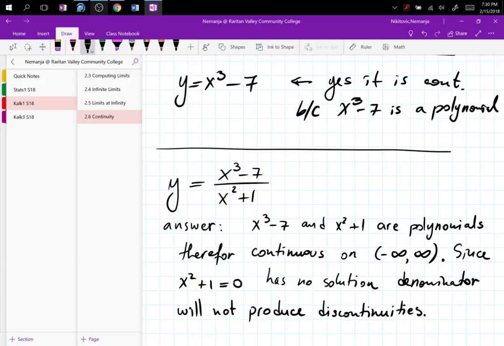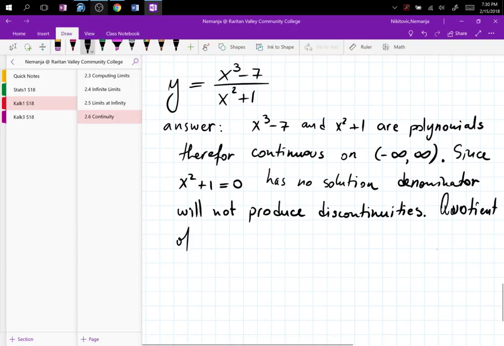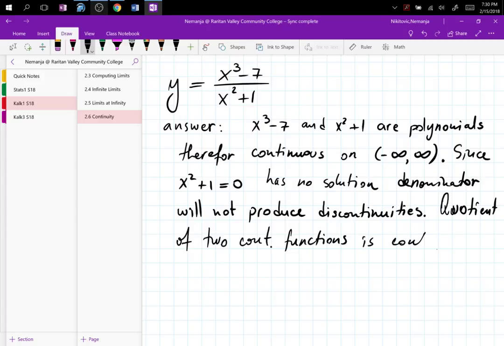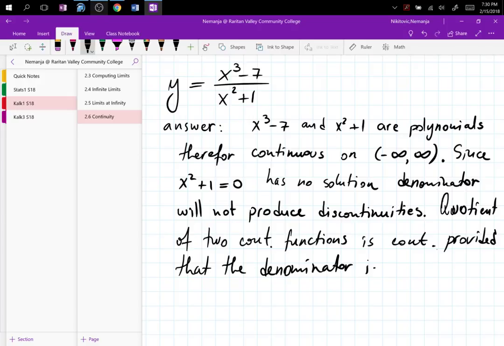We can say the quotient of two continuous functions is continuous provided that the denominator is never 0.